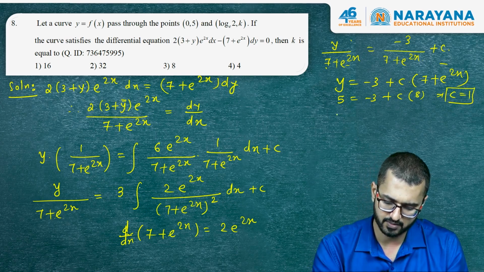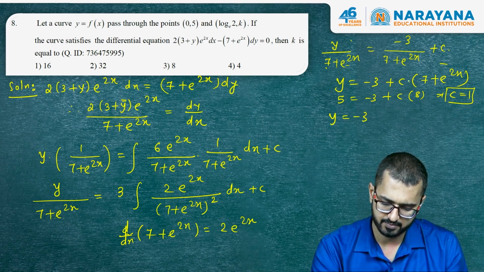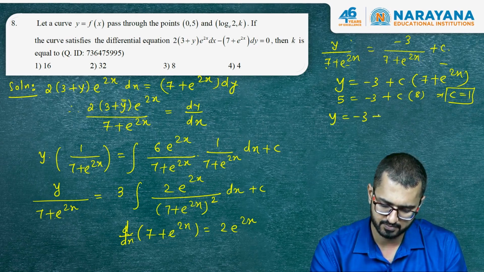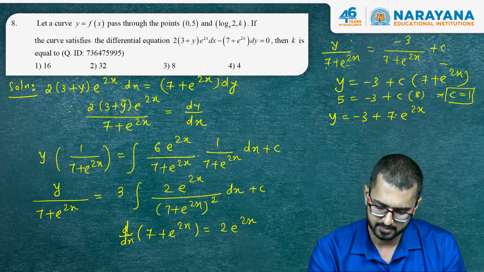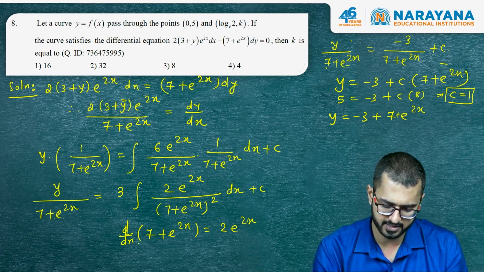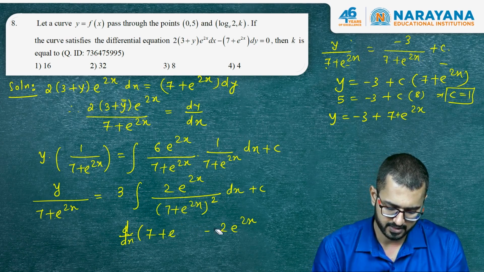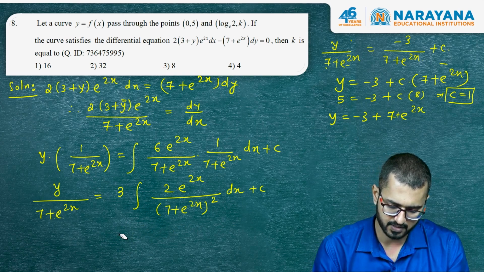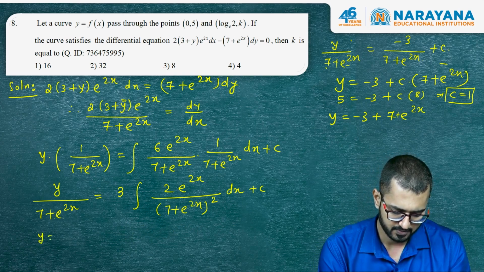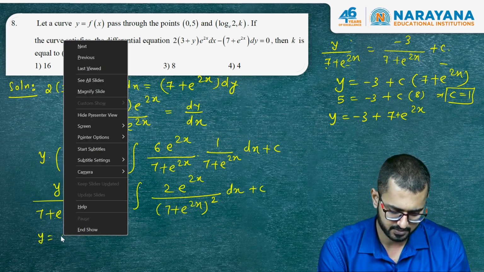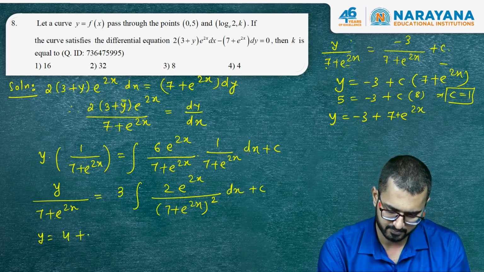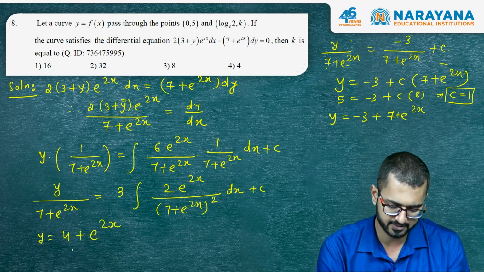So we can now write y is equal to minus 3 plus 7 into e power 2x, which gives y is equal to 4 plus e power 2x.